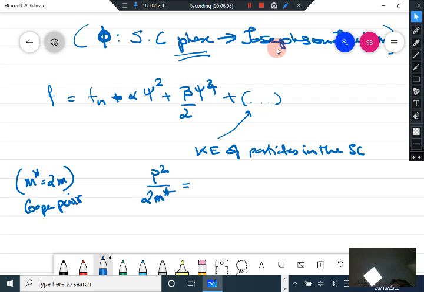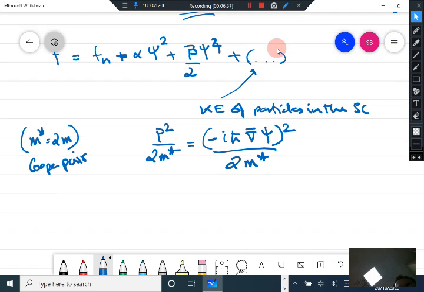Now these are the particles which are present inside the superconducting state, and the kinetic energy of these particles can be written as p squared by 2m star, which is minus i h cross del psi the whole squared by 2m star. So this is just the kinetic energy of the particles inside the system.